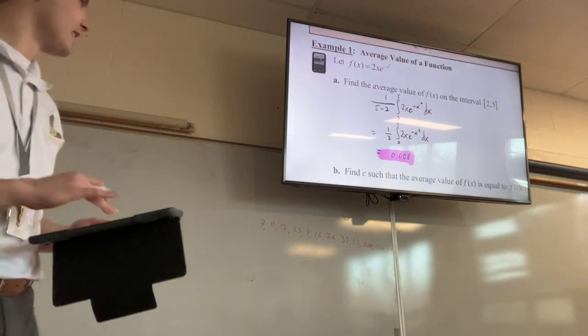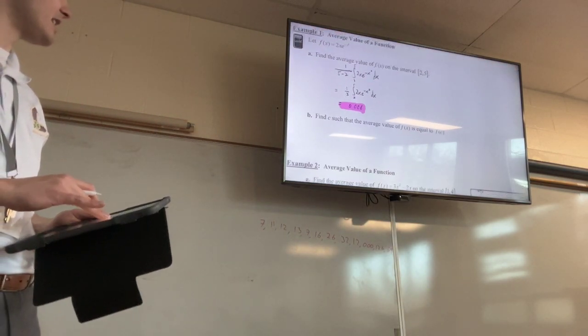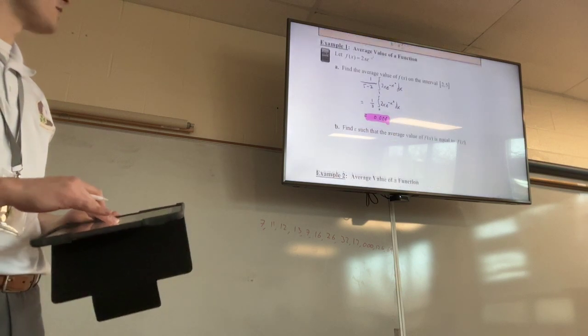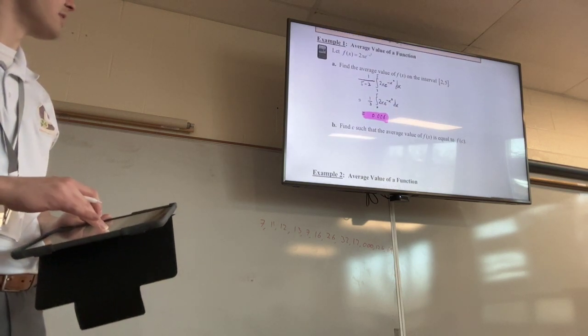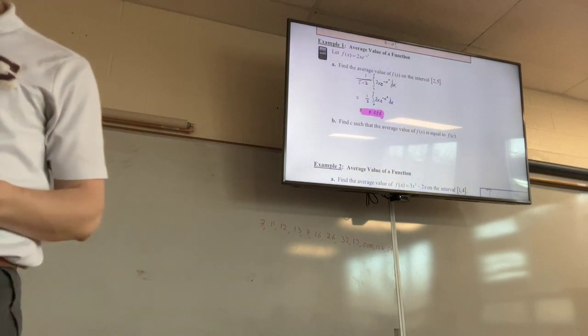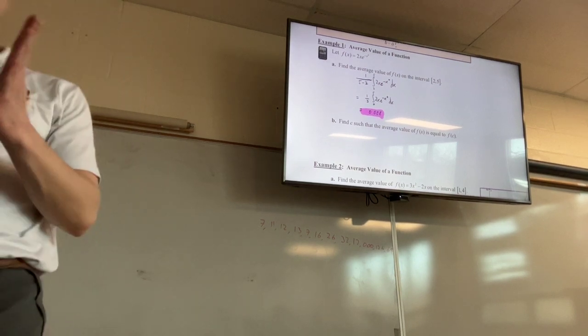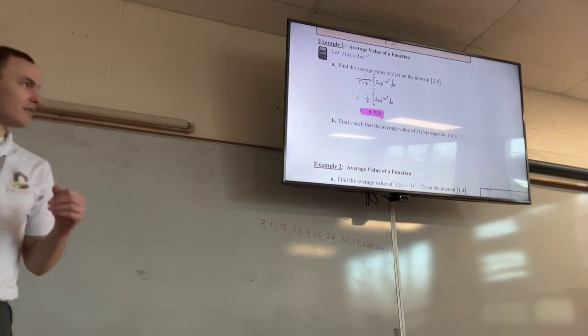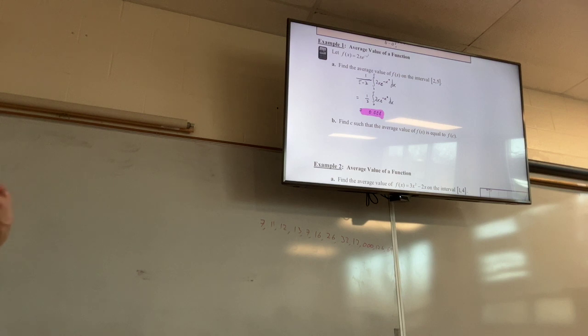Okay, now they want us to find c such that the average value of f of x is equal to f of c. How do we do that? Scary, confusing words. Find a number c such that the average value of f of x is equal to f of c. You go a little backwards, yeah?